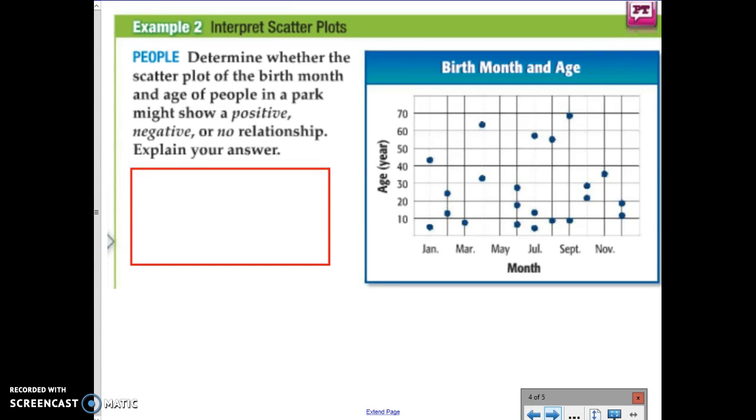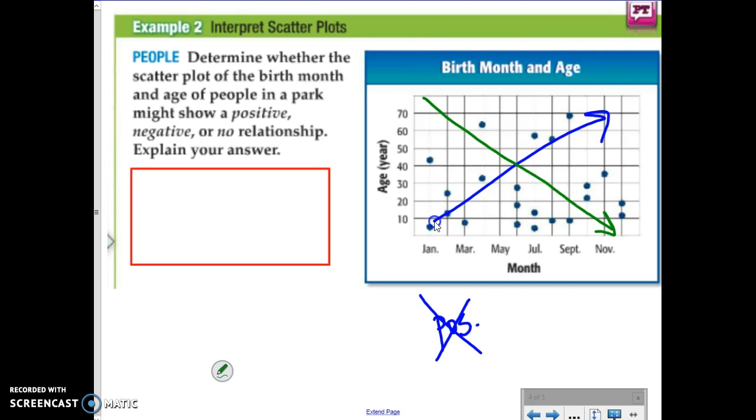The second example, we're going to interpret that scatter plot. It says determine whether the scatter plot of the birth month and age of people in a park might show a positive, negative, or no relationship. Then explain your answer. Well, I think it's pretty obvious just by looking at the plot. We know that we don't have some kind of positive correlation. So we know that it's not positive. We also can see that there's really no negative correlation.